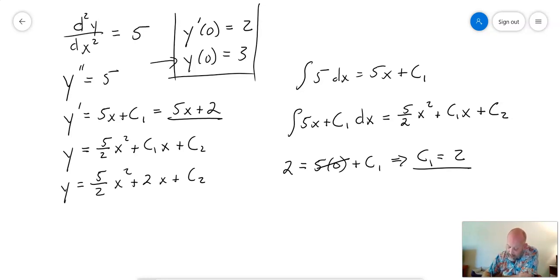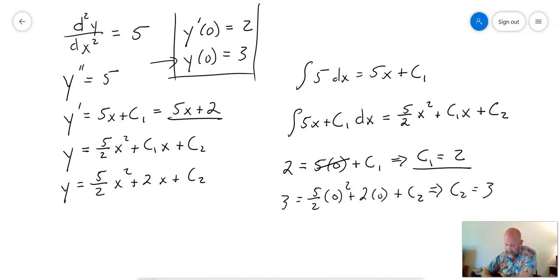So y of 0 is equal to 3, which means when I plug in zeros for x, I'm going to get 3 for y. That means 3 is equal to 5 halves times 0 squared plus 2 times 0 plus C2, which means C2 is equal to 3.